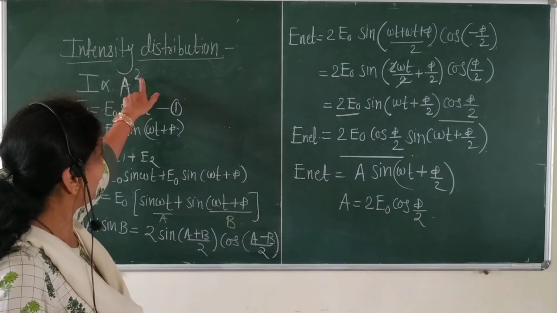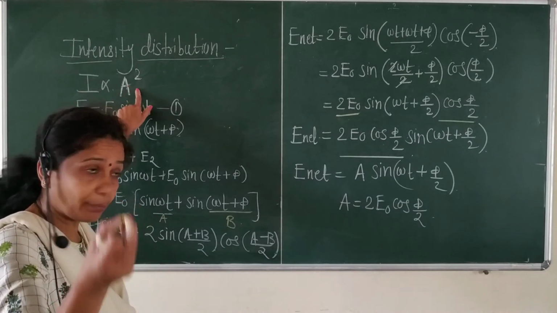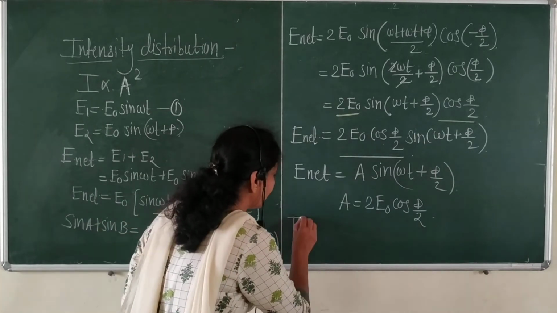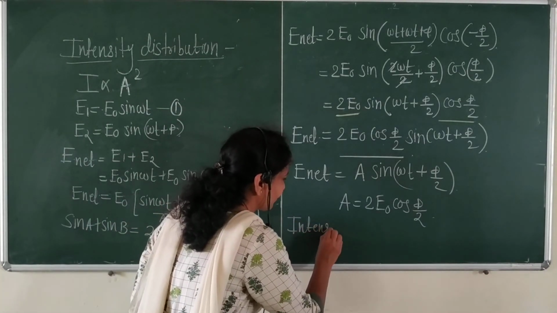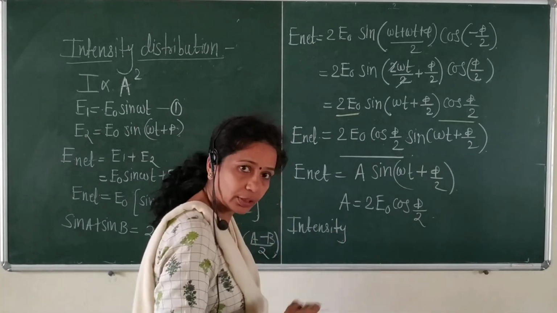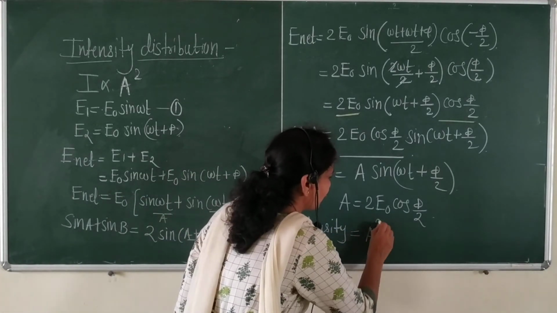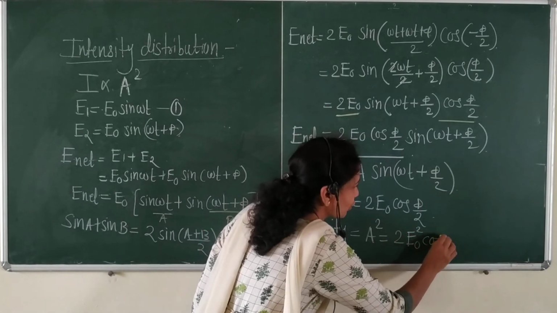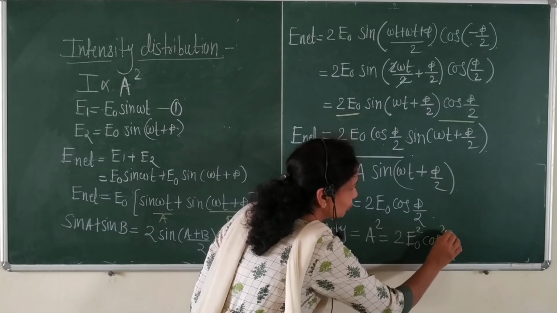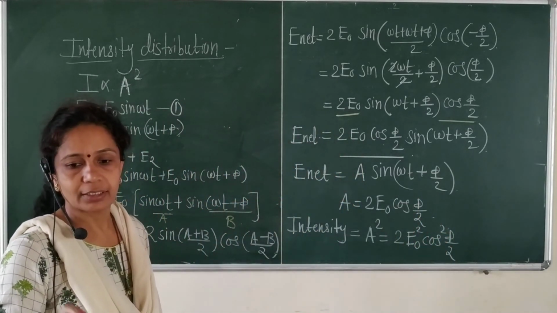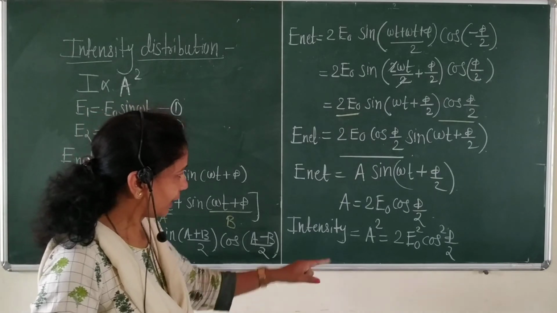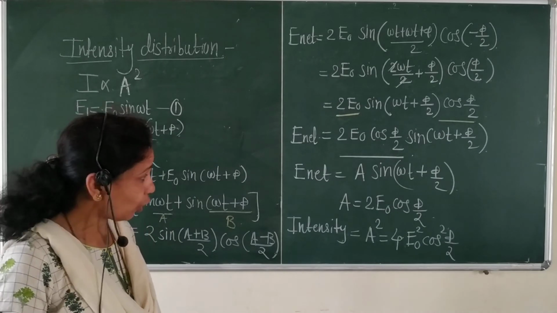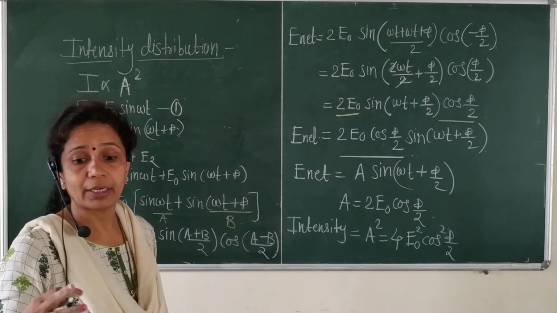The square of the amplitude of a wave is directly proportional to the intensity. Therefore, intensity of the wave is equal to A square, which is equal to twice E naught square cos square phi by 2. Twice E naught square, A square, again 2 square, write down 4. Therefore, 4 E naught square cos square phi by 2.